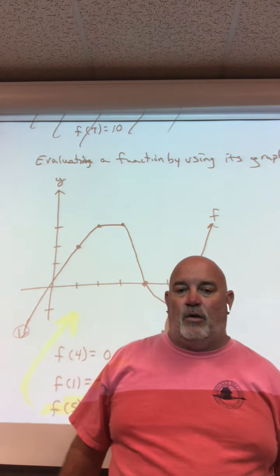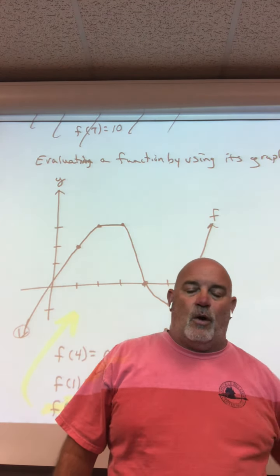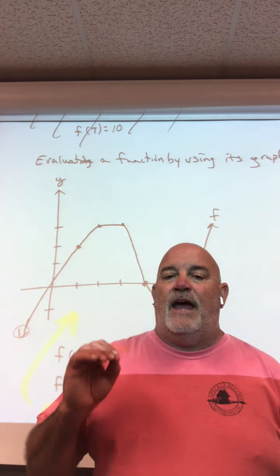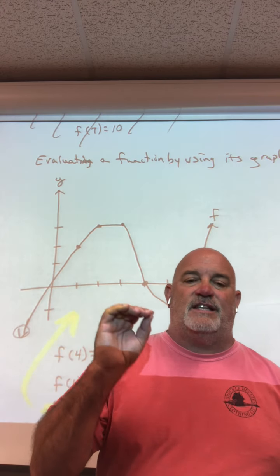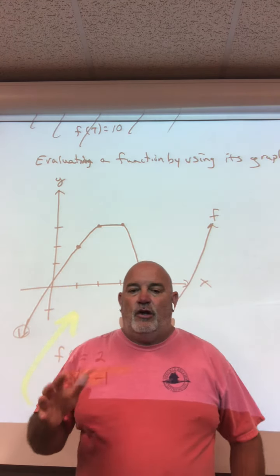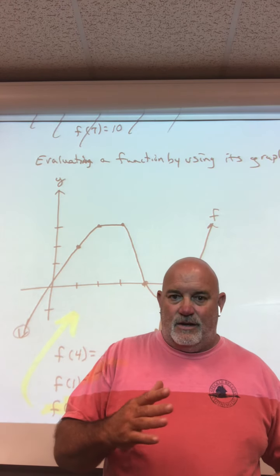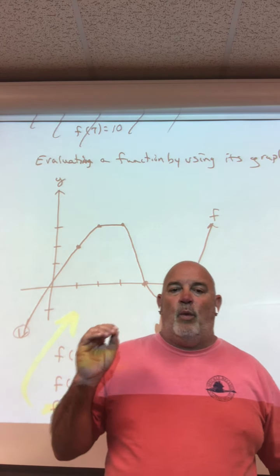Downhill is kind of like riding a roller coaster. Uphill, you're getting higher. Downhill, you're going down. So the y's are getting smaller and constant straight across. Now, whenever you're listing where a function is increasing, decreasing, and constant, you're talking about intervals, the x-axis. So when I say where is it increasing, I don't want to know how high it gets to.